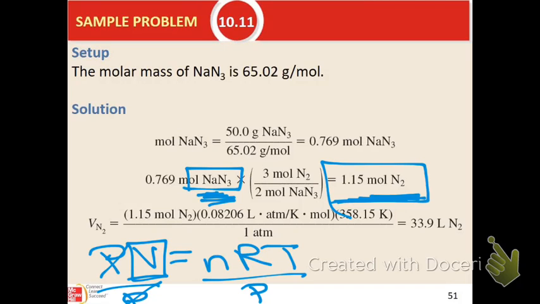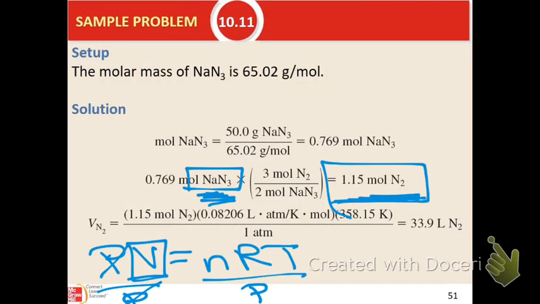We know our R. In this case, our pressure is in atmospheres again. So our R is going to be our favorite 0.08206. And we know our temperature. It says it was 85 degrees. We have to add 273.15 to that. And our pressure was 1 atm.